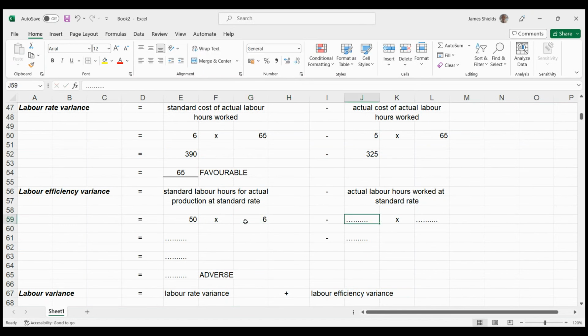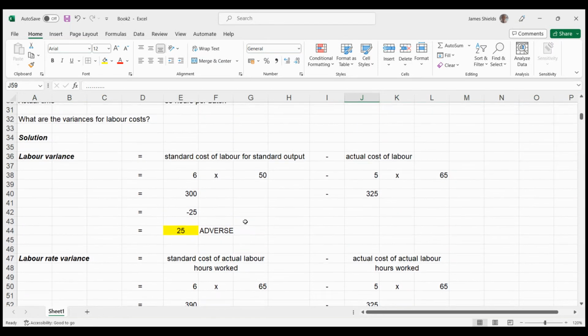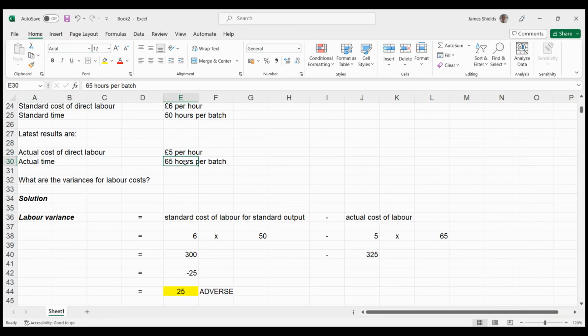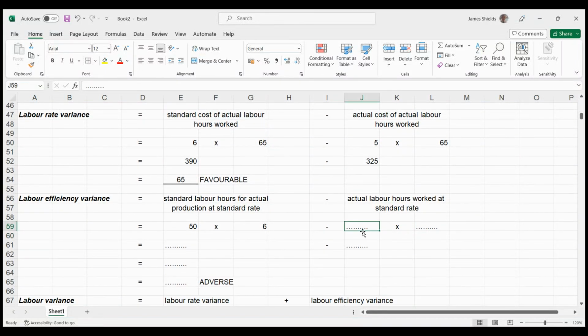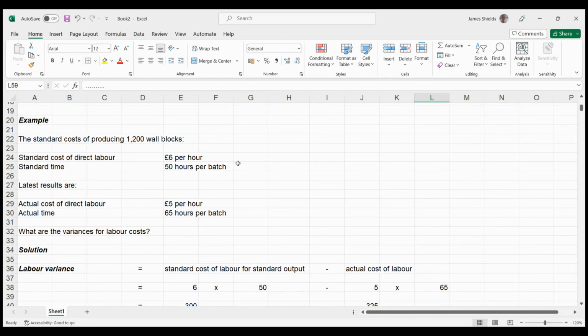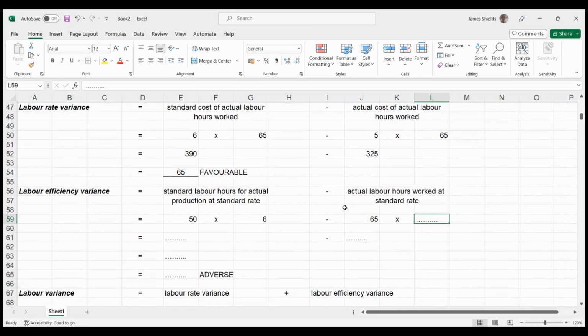Times the actual labour hours worked, which were 65 hours, at the standard rate, and the standard rate was £6. So the calculation now.